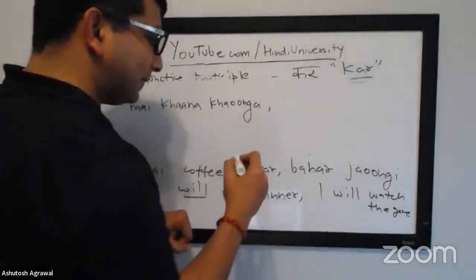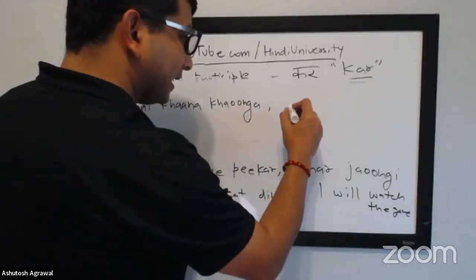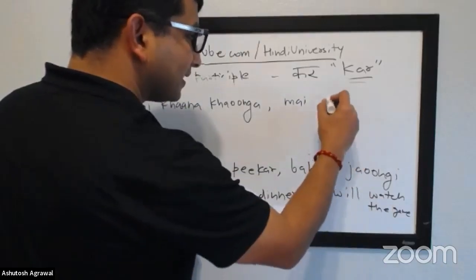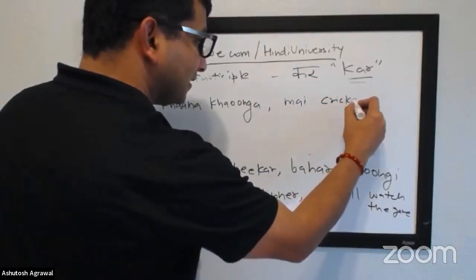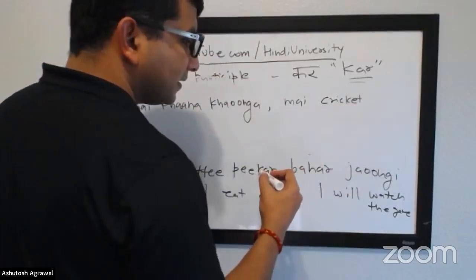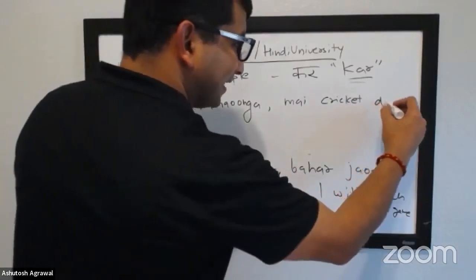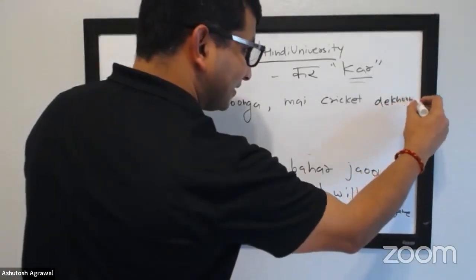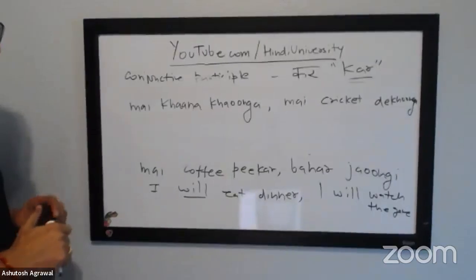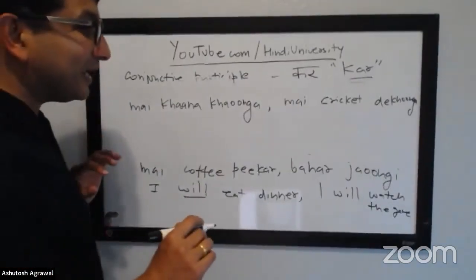And I will watch cricket: मैं cricket देखूंगा. This is good. Pronunciation is terrible, I'm sorry. No, it's great. Okay, so मैं cricket देखूंगा.